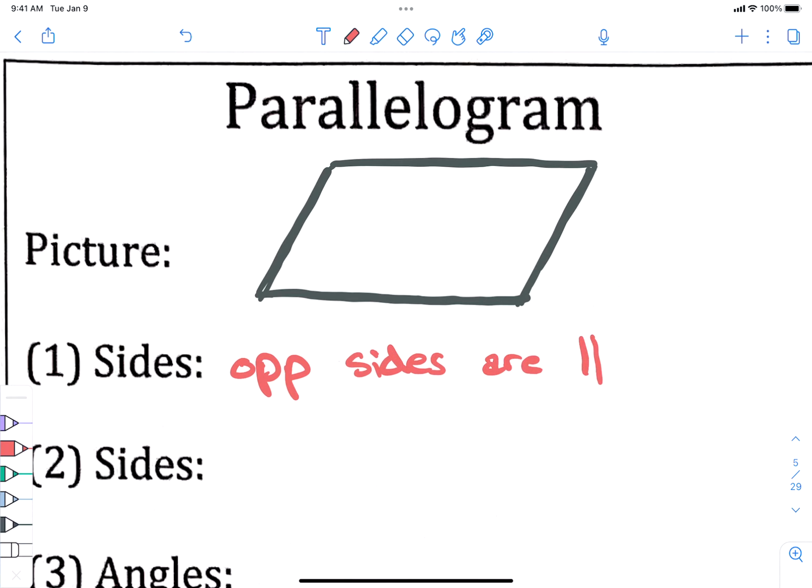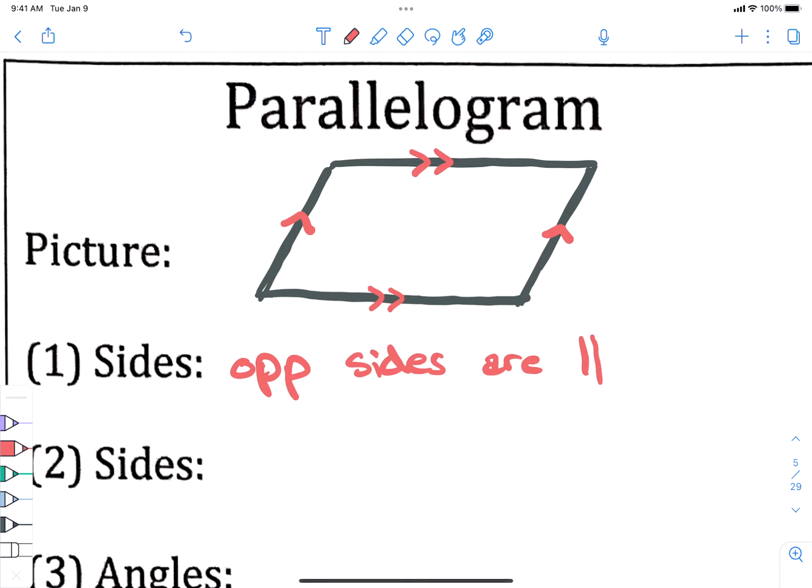Now, do you know what notation we use to mark this diagram to note that they are parallel to each other? The opposite sides are parallel. How do we show that on this diagram? No, they're not tick marks, because that would mean they're the same length. And same length is different than being parallel. Arrows? Yes, they're arrows. So we have an arrow here, and we have an arrow here. That means that those are parallel, right? They're going the same slope. They're sloping the same. And then this guy is parallel to this guy.